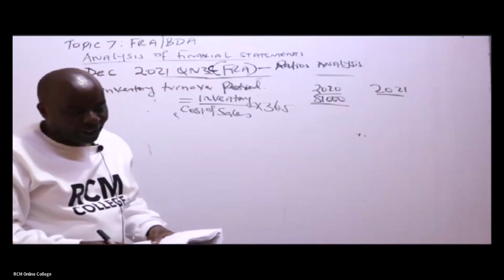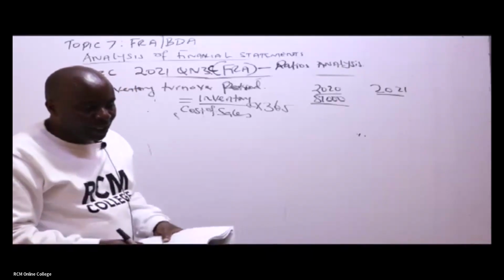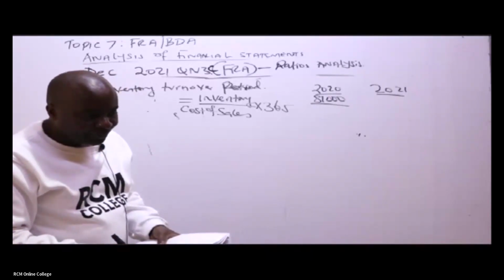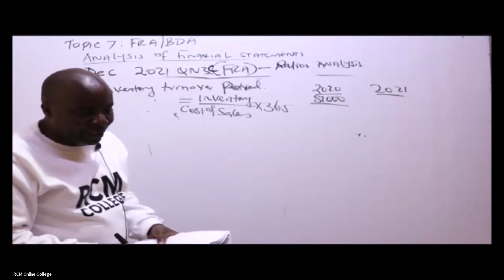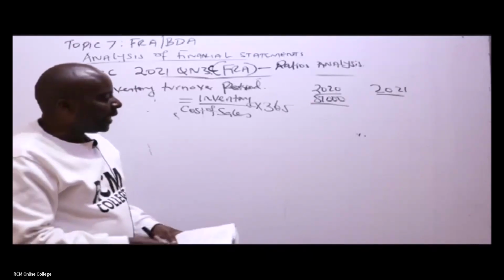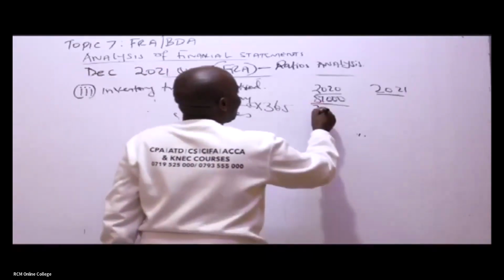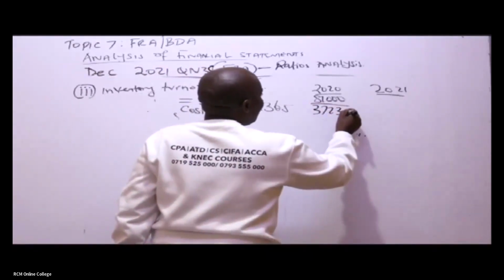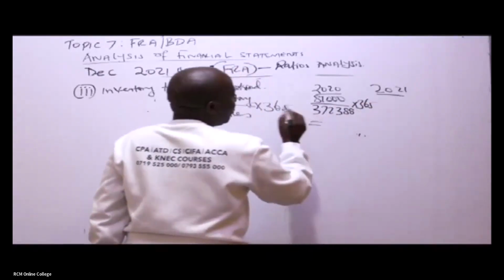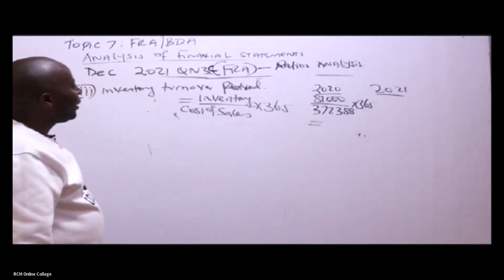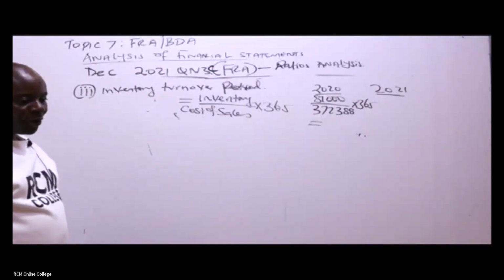Fortunately or unfortunately, you must write it down for me to see. Yeah, you will be able to get it. 372,388 times 365 days. Could you kindly give me this inventory turnover period?